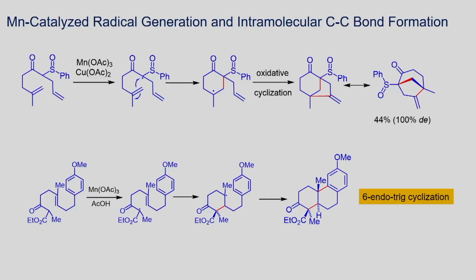The next example involves the combination of manganese 3 acetate and copper 2 acetate. So, when you have this 1,3-dicarbonyl compound, here the ketone is bonded with the sulfoxide. When you treat this compound with manganese 3 acetate in acetic acid medium, it can lead to the formation of this radical.